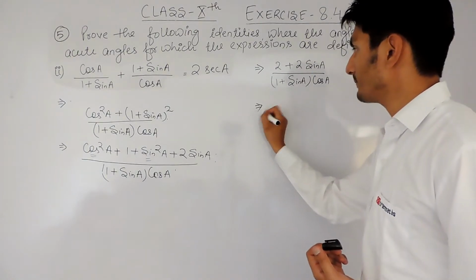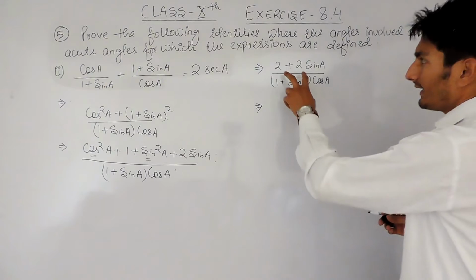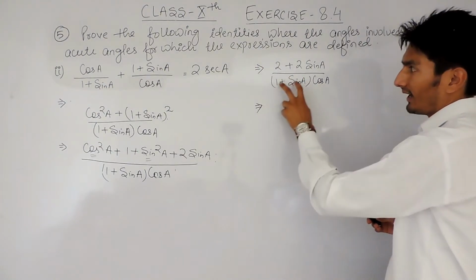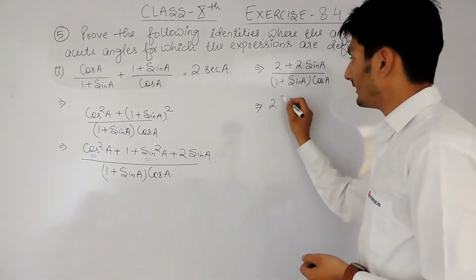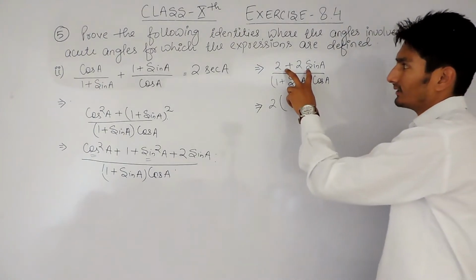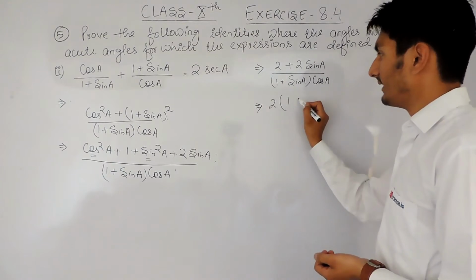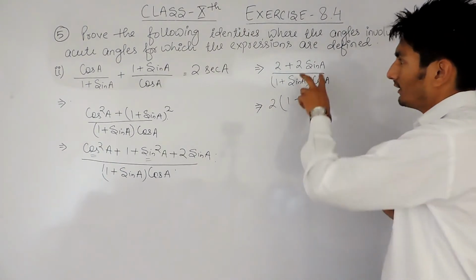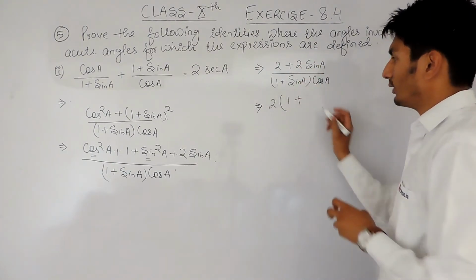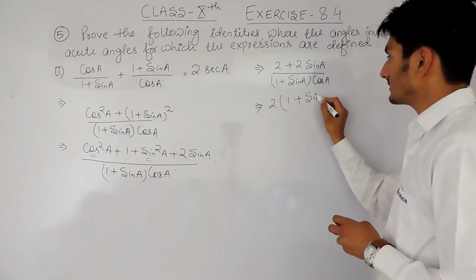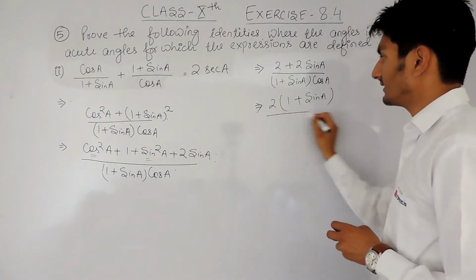Let's solve this further. Now take 2 common from the numerator. If 2 is taken out, only 1 will remain inside the bracket, and from 2 sine theta, if 2 is taken out, only sine A will remain inside the bracket.